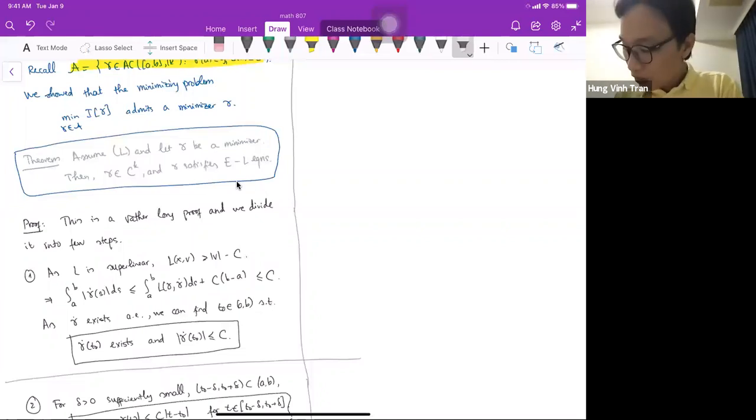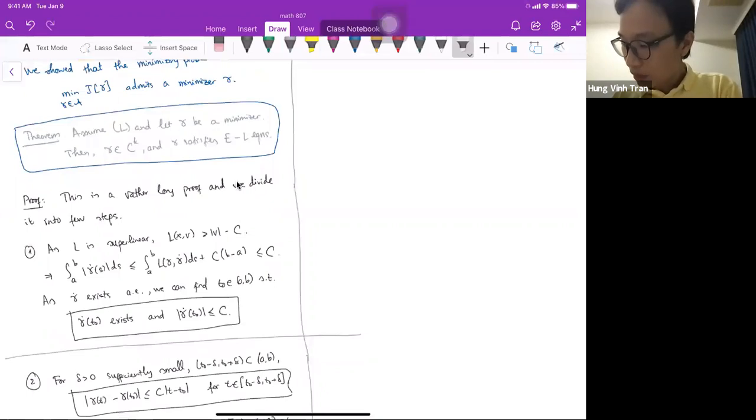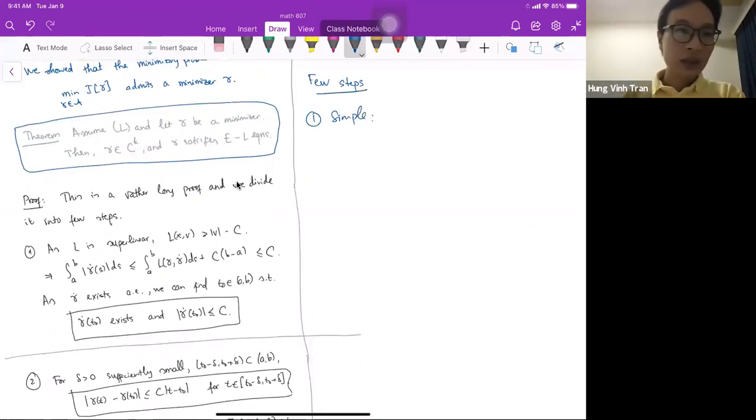Okay, so the first step is simple. We divide into a few steps. The first step is simple because we just use the fact that the Lagrangian is superlinear, hence it dominates any linear growth function.